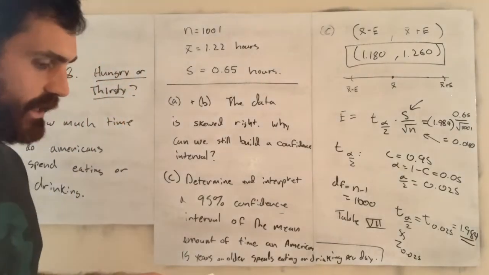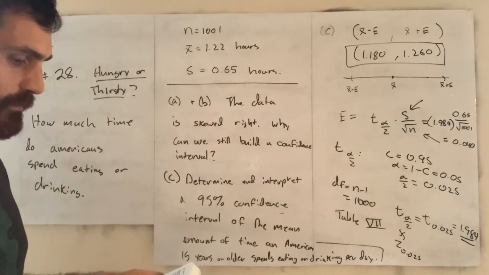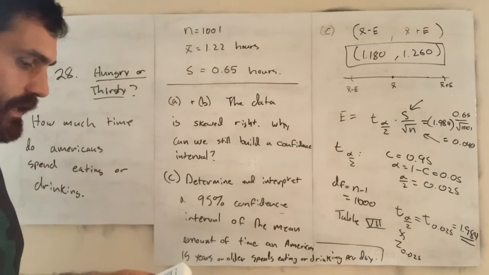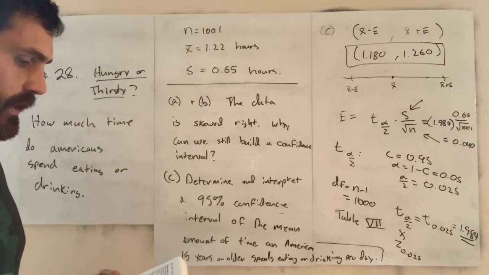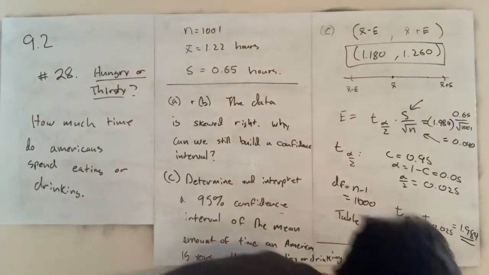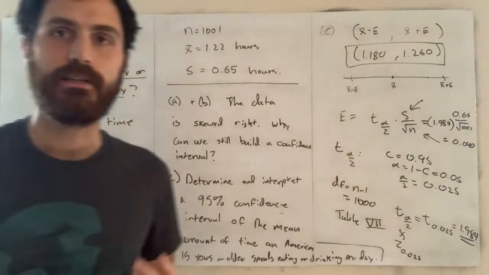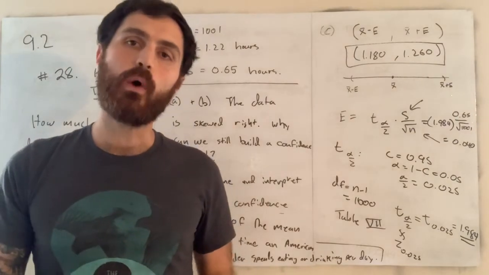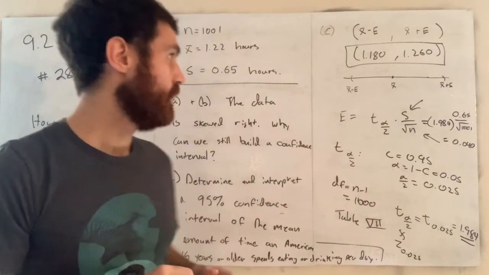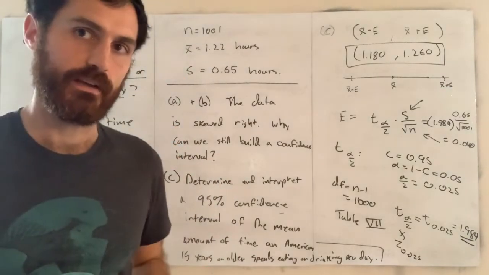So it says, could the interval be used to estimate the mean amount of time a 9-year-old spends eating and drinking each day? Explain. And it's not going to work out because you're using a different population. And what does that screw with? Well, it's screwing with the randomness.